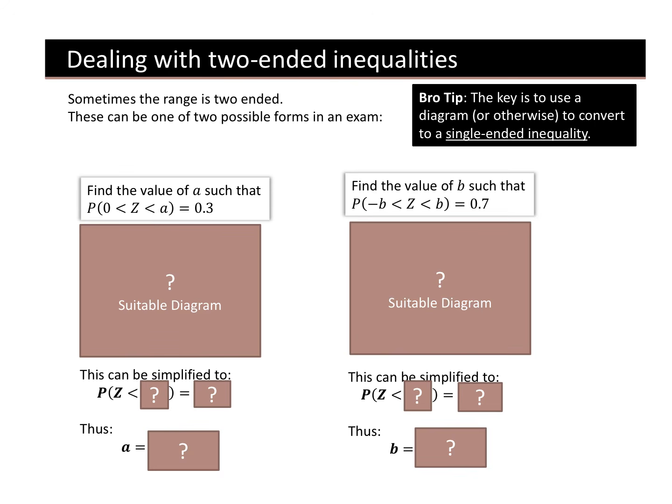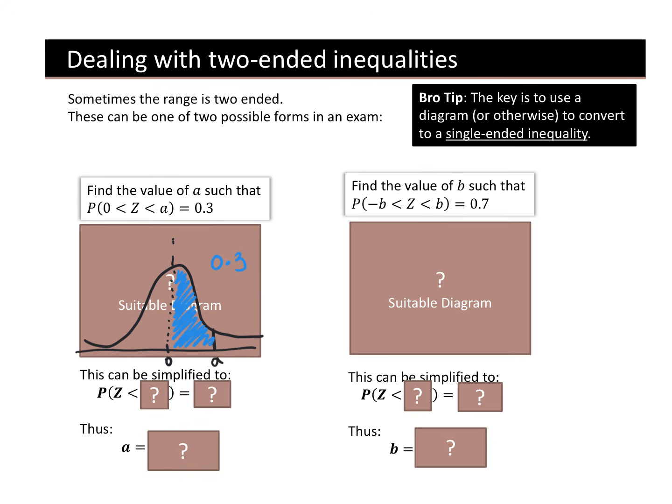So if we are to draw a suitable diagram, we think about our Z, we know 0 is going to be here, which we know is the mean, in the middle. And to A, which is roughly here, this area is going to be 0.3. So, does anybody remember how we are going to find this from last time?